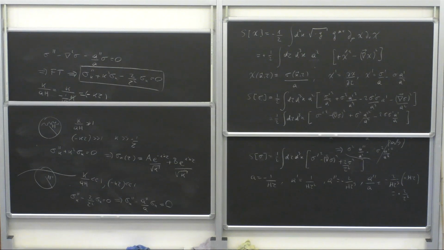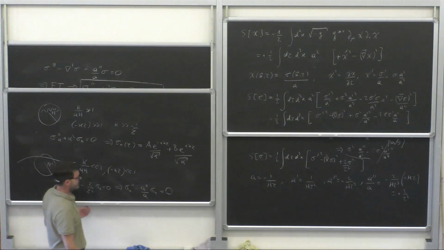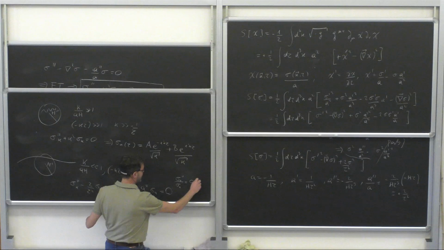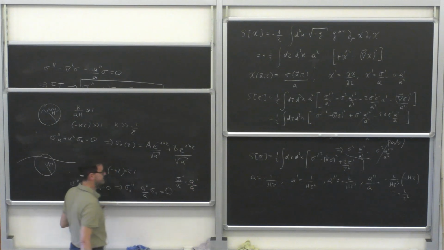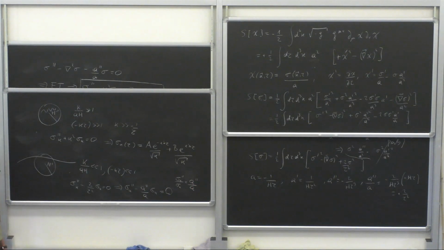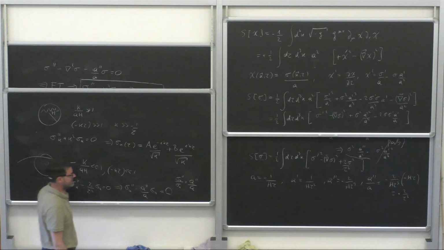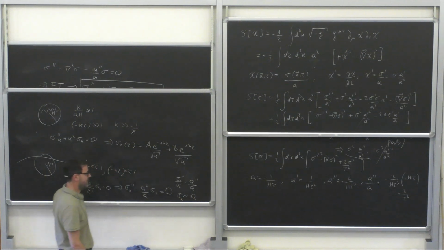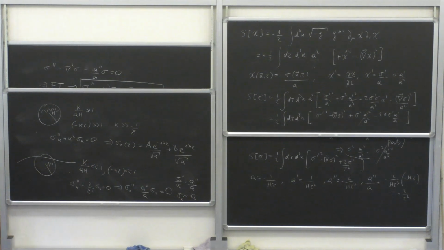From which I deduce immediately the solution, because of course you notice that I can write down sigma double prime divided by sigma equal to a double prime divided by a in this limit, and therefore I discover that the solution is nothing else than sigma k proportional to a. It goes like a. Okay?